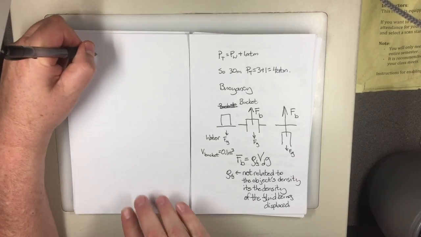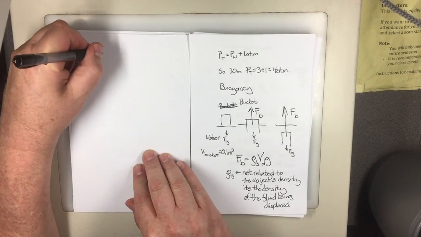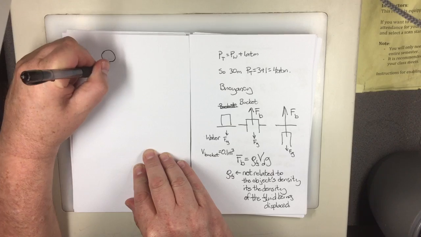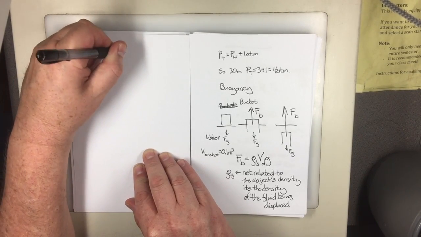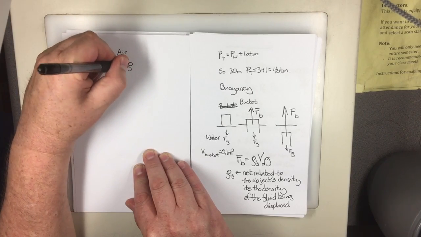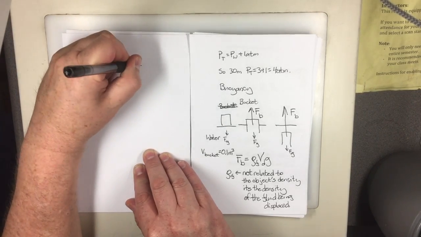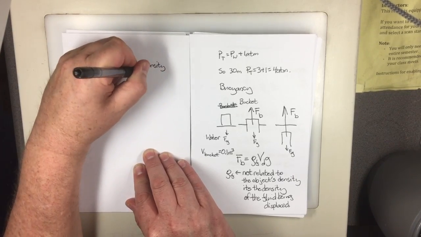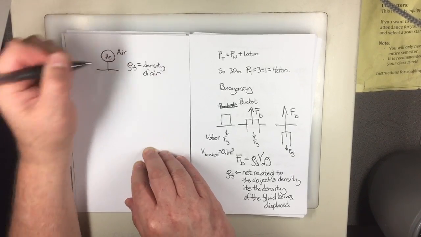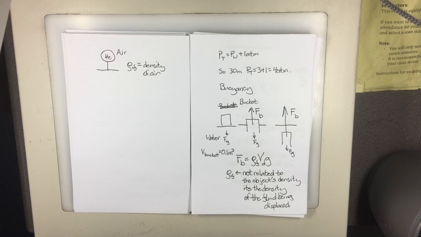V sub D, oh, and then another example. If we have a balloon, like a helium balloon in air, the density of fluid is the density of air. That's the density of the fluid being displaced. So you've got to understand the density.